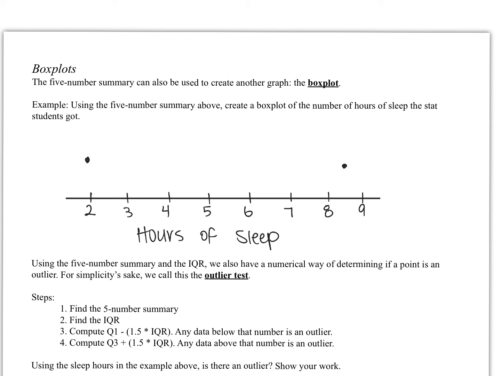The box comes from quartile 1, the median, and quartile 3. So quartile 1 started at 6, quartile 3 was at 8, and that's how we're going to create our box. And then we're going to label the median 7, and we're going to connect them with lines. So we've got our min, quartile 1, median, quartile 3, and our max.